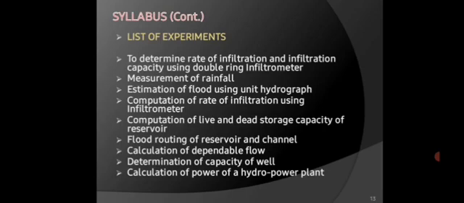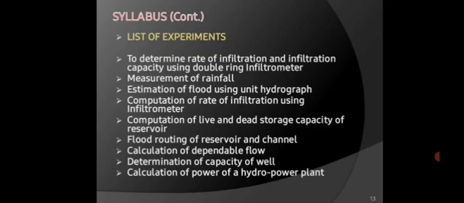These are a few experiments. From the laboratory point of view, the first experiment is to find out the infiltration rate with the help of an instrument.